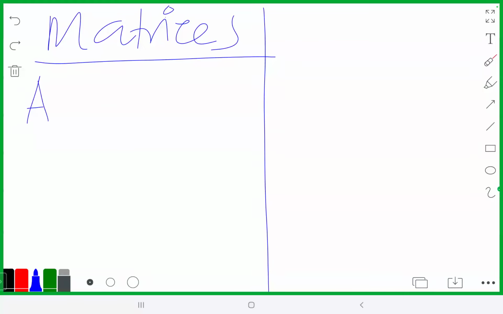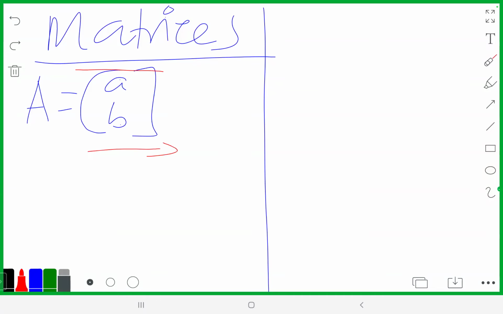For example, let's have this matrix A, and assuming A and B are numbers, okay? So what you're going to do is to count the number of rows. Rows are the ones that move to the right, okay? And then we count the columns. So how many rows do we have in this matrix?